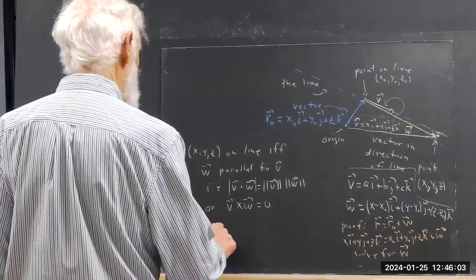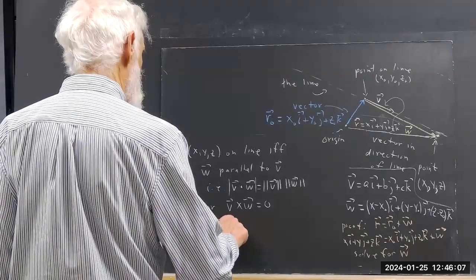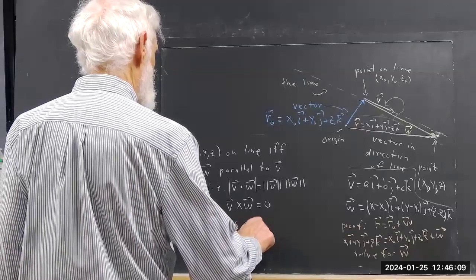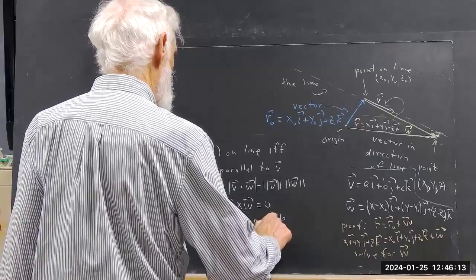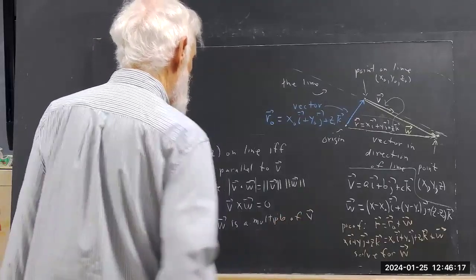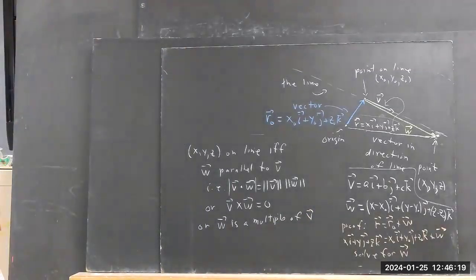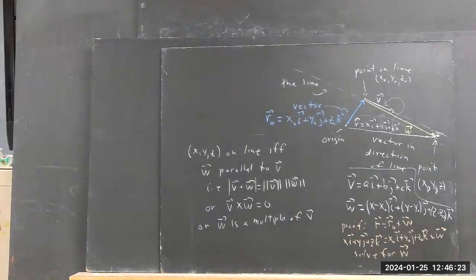Or W is a multiple of B. And that's the easiest way to get it. Okay.